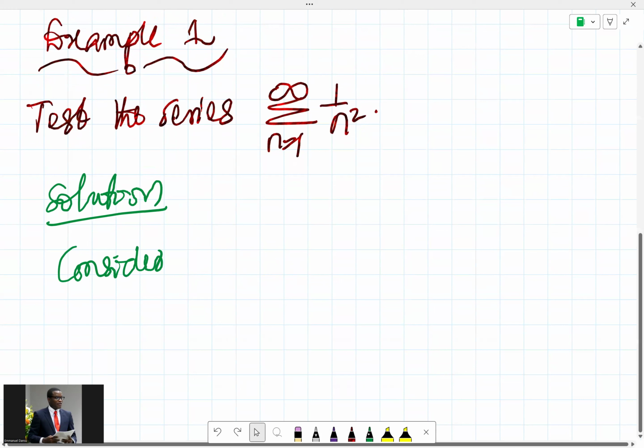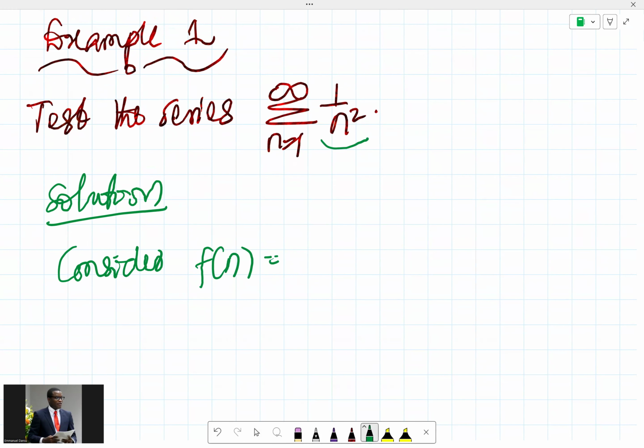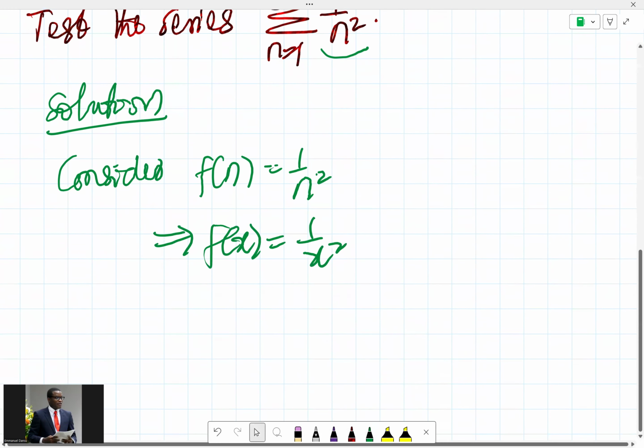Let me take it step by step. Consider that f of n that we have from here is 1 over n squared. That implies that f of x is actually 1 over x squared.